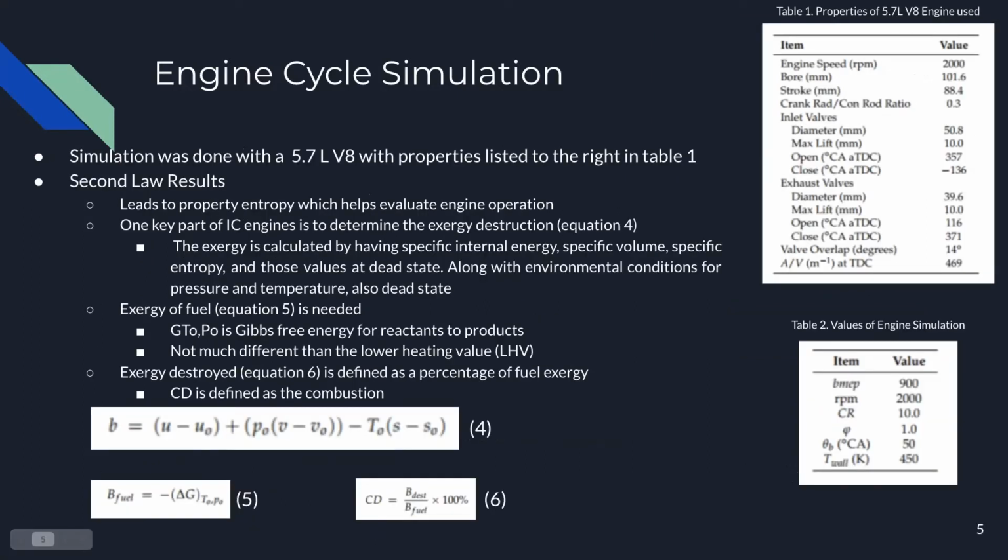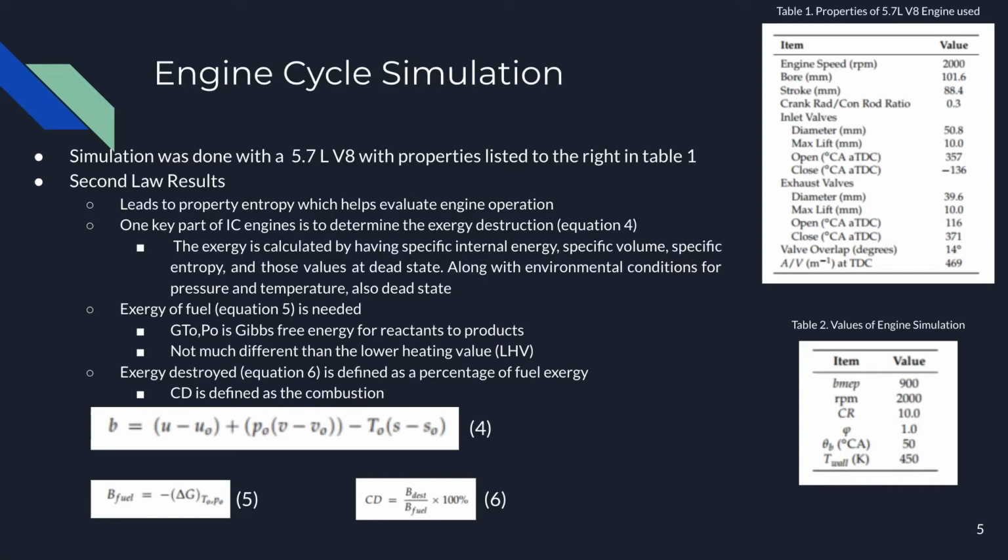The simulation was done with a 5.7 liter V8 engine, properties listed to the right. I'm not going to go through them all. They're there if you need them. The values of the simulation that were done are seen in table 2 right below that, using 2000 RPM, a brake mean effective pressure of 900 kilopascals, a compression ratio of 10, and a burn duration of 50 degrees CA.